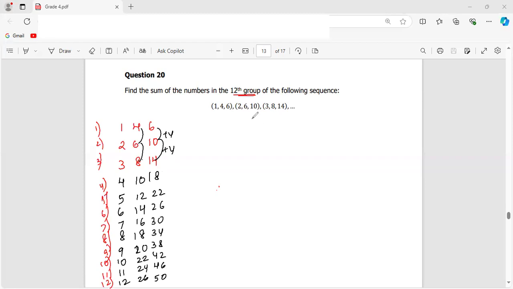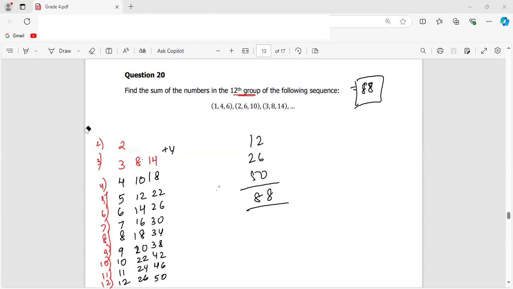So they're asking what will be the sum of the numbers. The sum of the numbers for the 12th group in the sequence will be 88. That will be my answer.